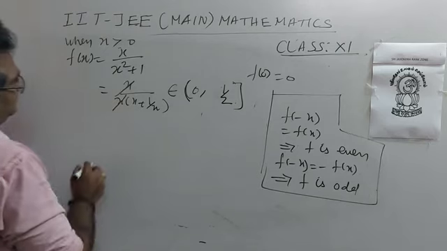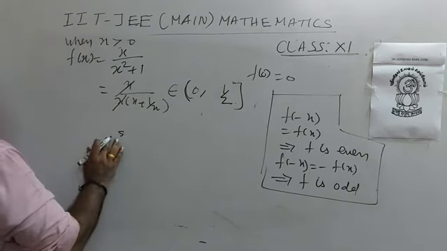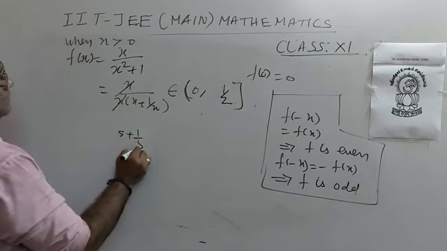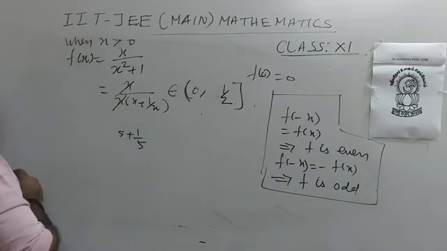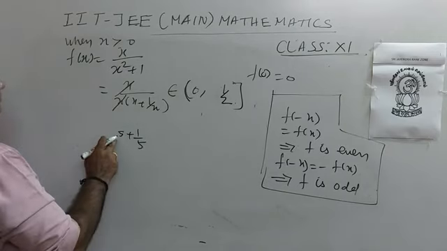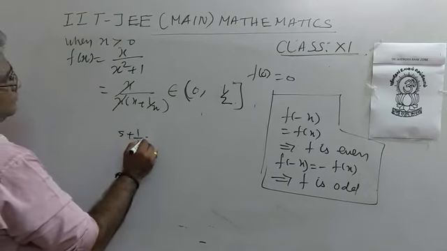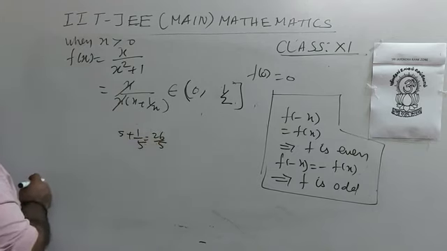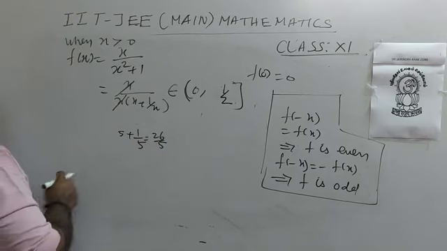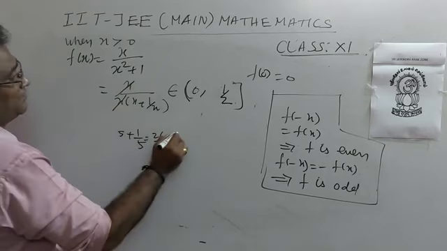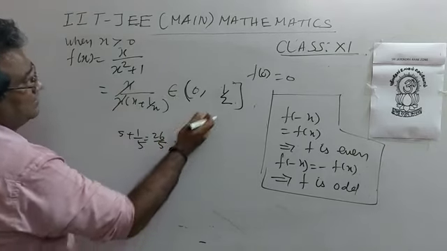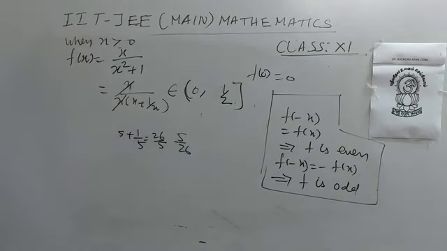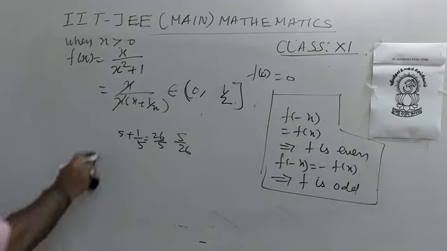Suppose we take 5 plus 1 by 5, that is 26 by 5, but 1 by 26 by 5 is 5 by 26, a very lesser value, less than half.